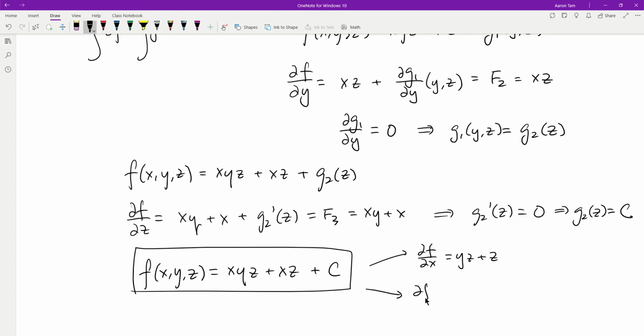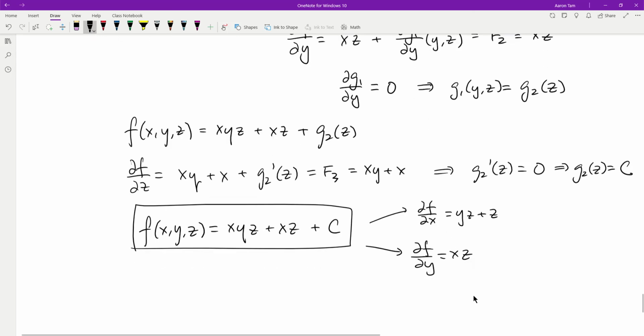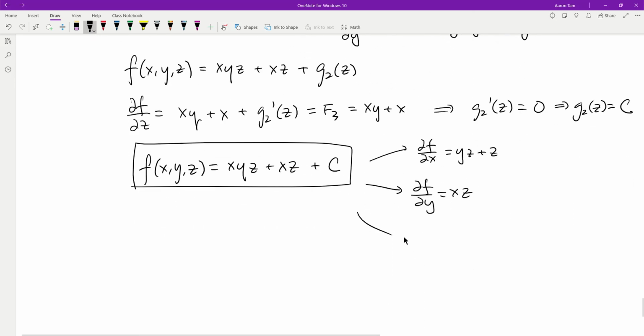If I take the derivative of that with respect to y, I get xz, which happens to be f2. If I take the derivative of this with respect to z, I get xy plus x, which happens to be f3. So they all check out. So that convinced me that I think we have the right answer.